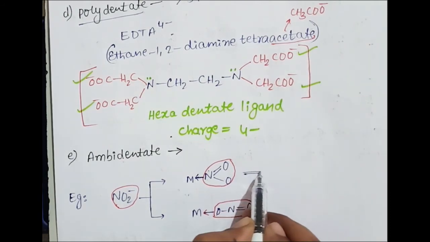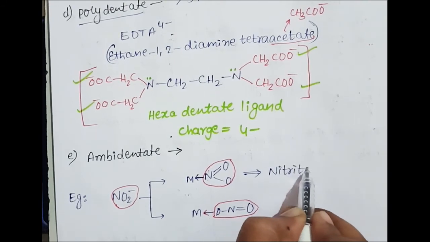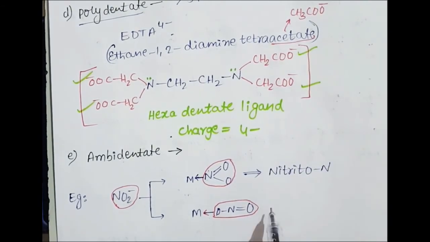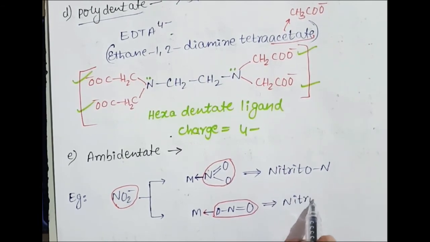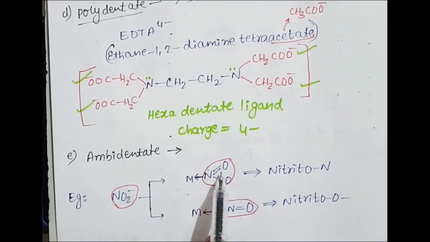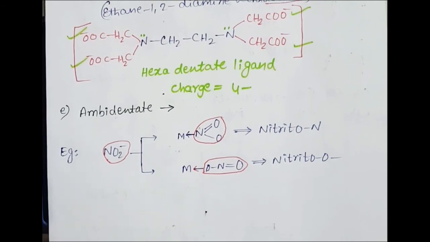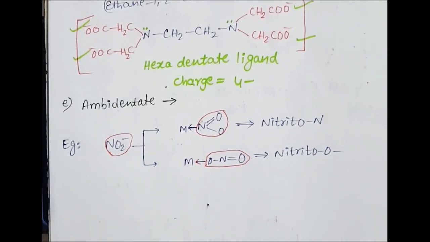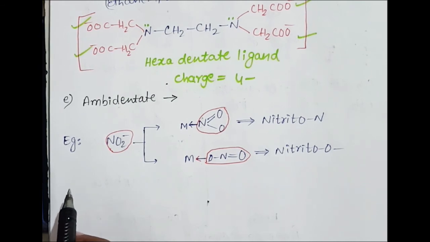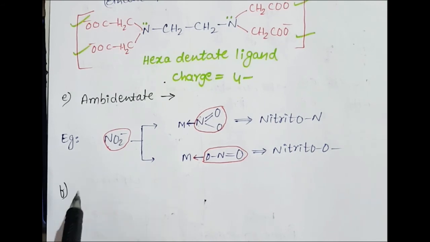So if nitrogen is donating electron pair, the name of the ligand is nitrito N. If oxygen is donating electron pair, then the ligand name is nitrito O. Definition, you can make: the ligand which has more than one donor site but binds through only one site at one time is called as ambidentate ligand. There are many other examples, you just go through that, and if you don't know you can ask me in the comment box and I'll provide you in the next video.